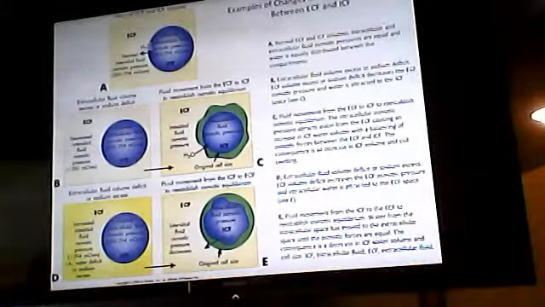Those are key distinctions to make. So always think in terms of water, and water will move towards areas of less water to balance everything out. If too much water goes in, the cell will swell and can burst, and if too much water goes out, the cell will shrivel up, okay?